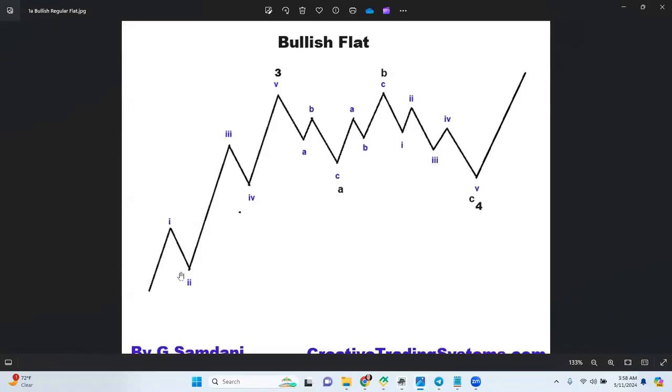Wave 2, 90% of the time, is a zigzag, right? So we'll learn that later, but wave 4, flat correction. Regular flat is this. Then in the next video, we're going to see what the rules are for the expanded flat, right? And after that, in another video, we will talk about the running flat. What are the differences and how you're going to trade. So this one is finished, right?